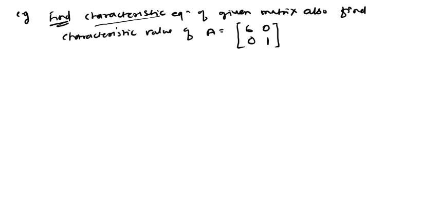Suppose we have this matrix 6 0 0 1. We need to find the characteristic equation and characteristic values of the given matrix A. Now, firstly we will note here that the characteristic value is also called the eigenvalue.